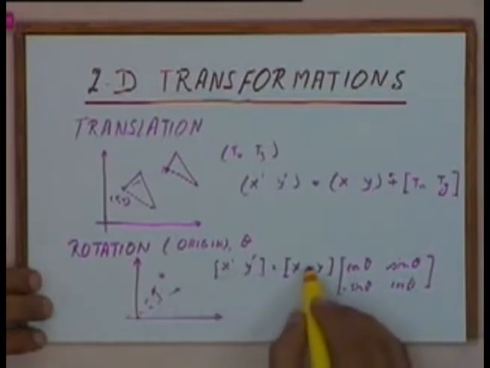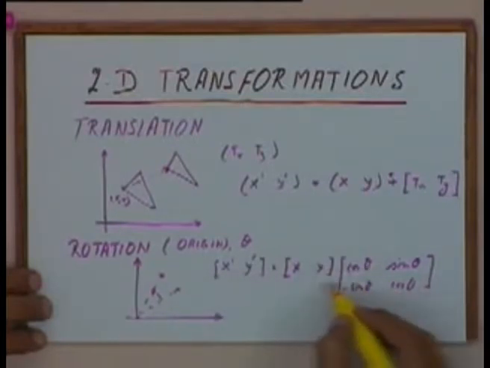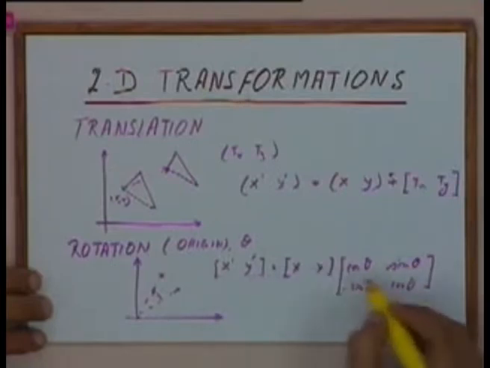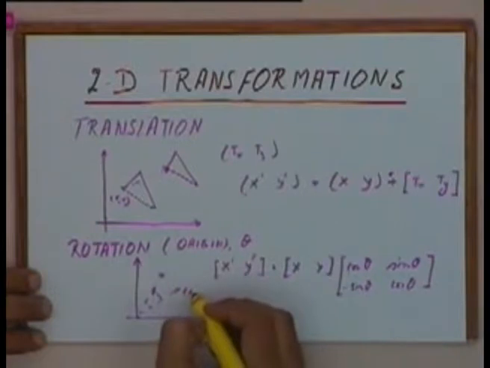So x' will be equal to x cos theta minus y sin theta, and y' will be x sin theta plus y cos theta. This will be the transformed point (x', y').